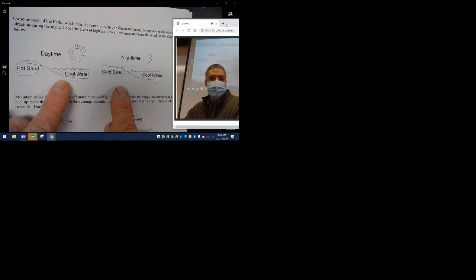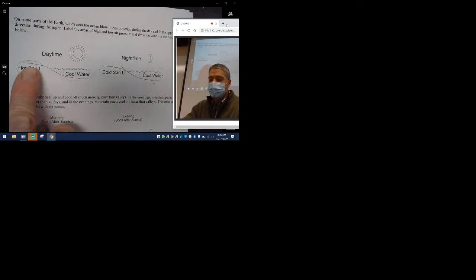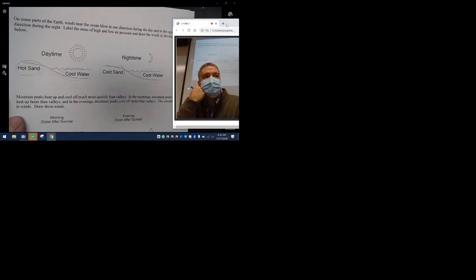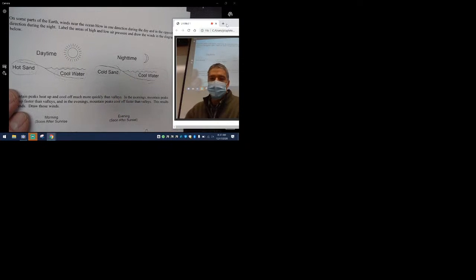So can anybody tell me which way the wind blows during the daytime? Does it blow toward the water, or toward the land? And at nighttime, it's going to be just the opposite. Can you figure this out?